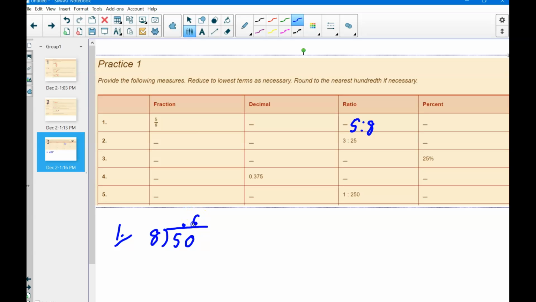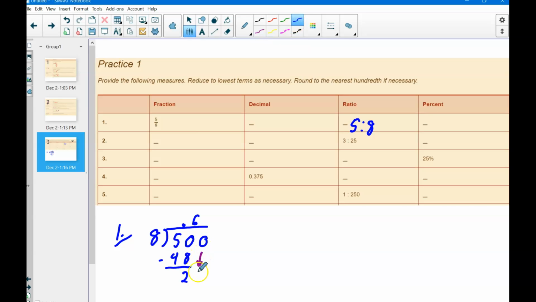Right on. 48. And then we subtract, and we have 2. And 8 does not go into 2, so we need another 0. And the 0 pops straight down. And it turns up down here in the wrong color.